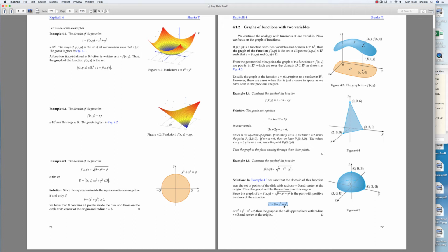If you take x squared and y squared to the other side, this is the equation of the sphere with radius 3 and center at the origin. Since I'm taking only the non-negative values for z, I have this semi-sphere, or hemisphere here, the northern hemisphere, the upper one. All right.